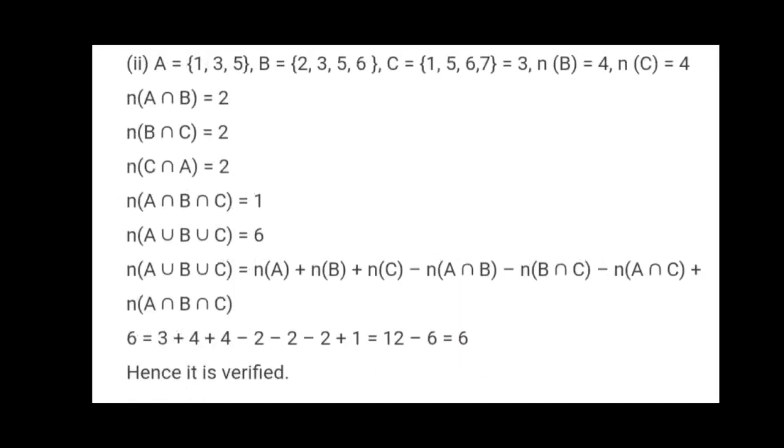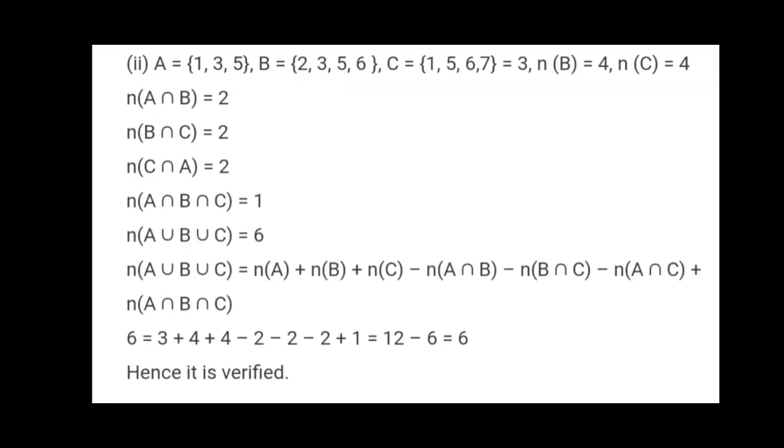Second subdivision. We have n of A is 3, n of B is 4, n of C is 4, and n of A intersection B is 2. What are the two values? 3 and 5.